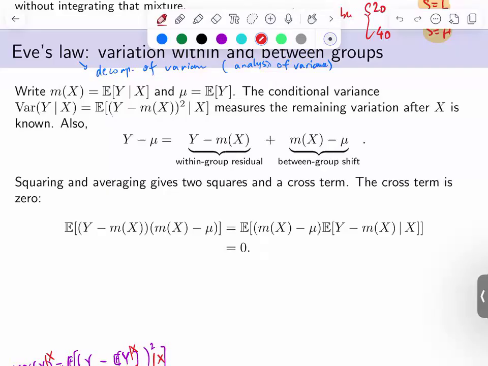Let's say this is the deviation of y from the mean of the group, the group determined by x. So it's like a within group variation. And this is the deviation of the group mean from the grand mean. So this is like the between group variation.